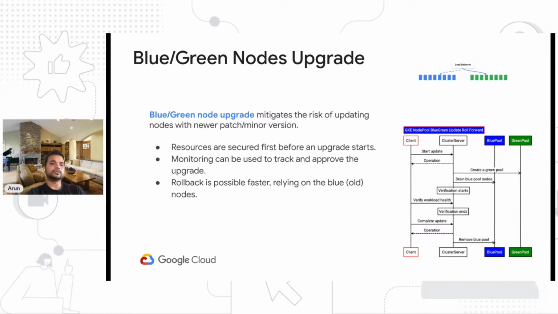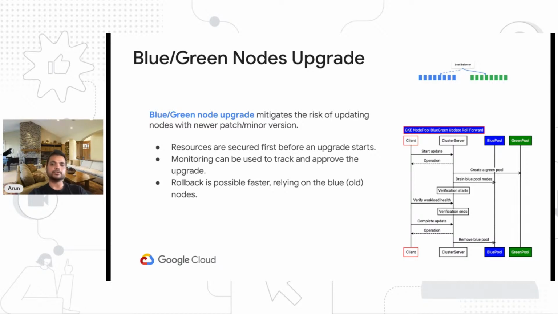Once it drains those node pools, the scheduler starts provisioning those pods to the newer green node pool, and that's when the soak duration, the concept that we have in blue green, kicks in.